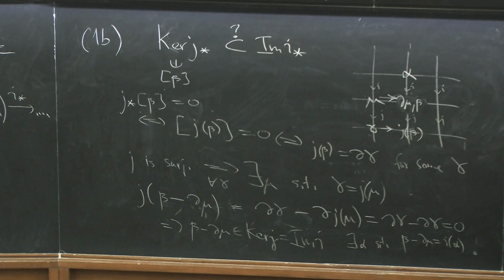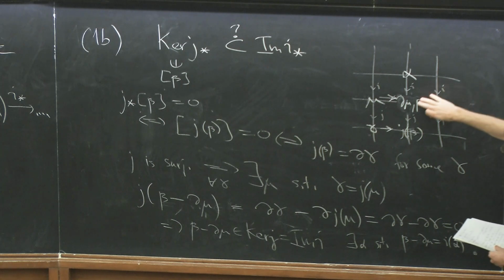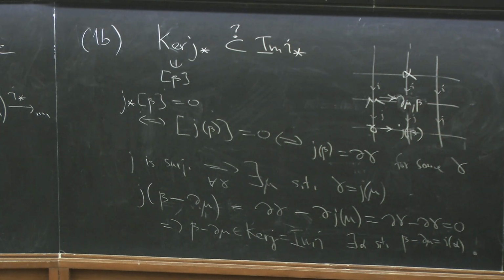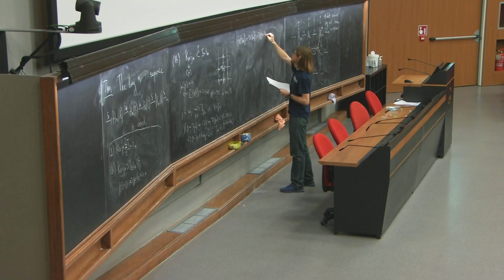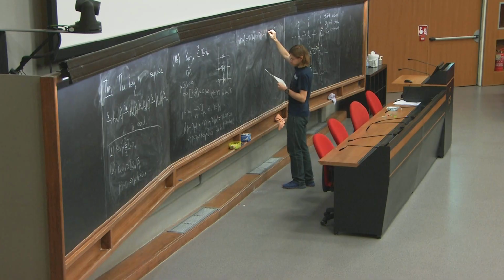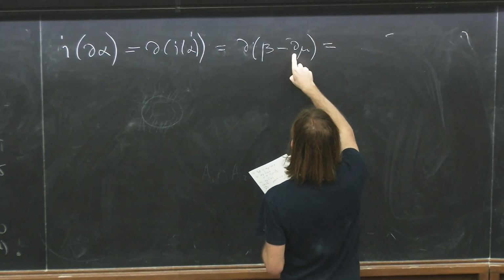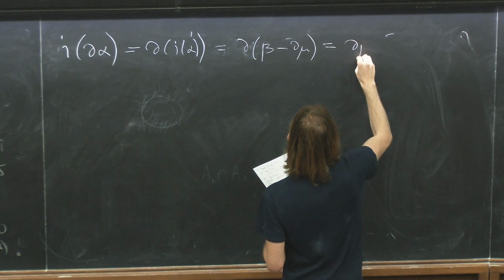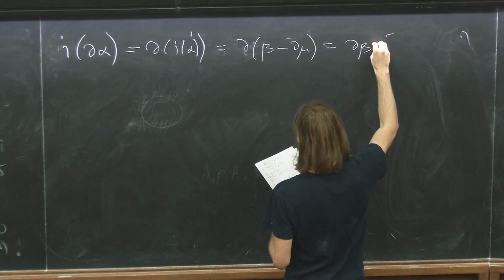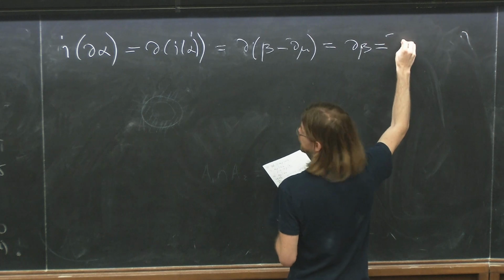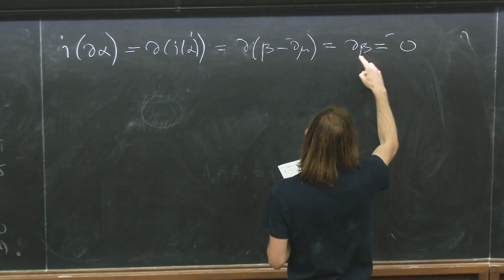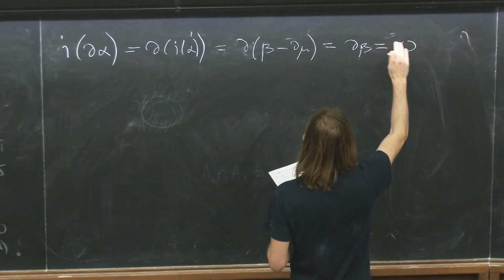This is the same as d of I of alpha. But by construction, I of alpha is this difference between beta and d mu, so we get d squared is 0, and here we have d beta, which must be 0 because beta represented some element in the homology.